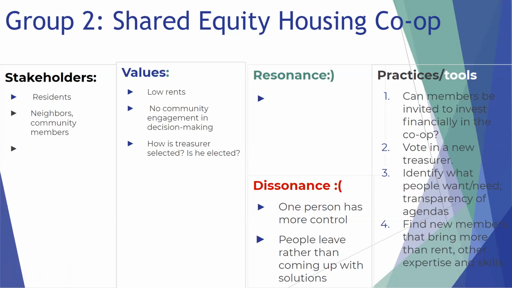How can they contribute to the co-op? Can they do construction? Can they contribute to programming or the lifestyle of the people that are in the co-op or the whole housing co-op?